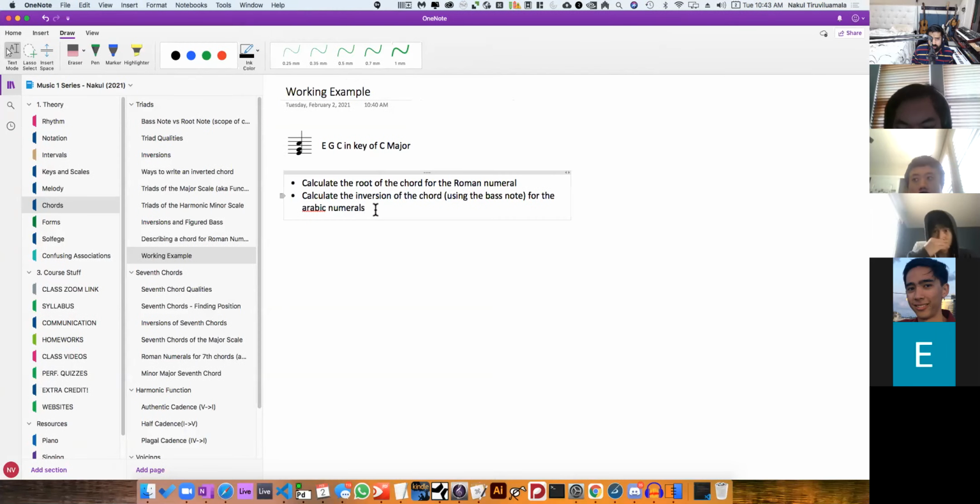Now, figuring out the Arabic numerals, you can complete using two ways. You can either use figured bass to help you, or use the bass note to help you. I would say that the more versatile way is the first method, okay?